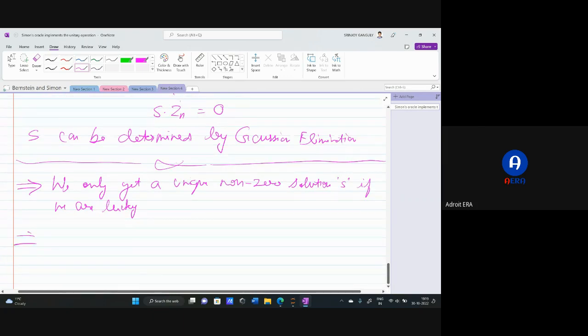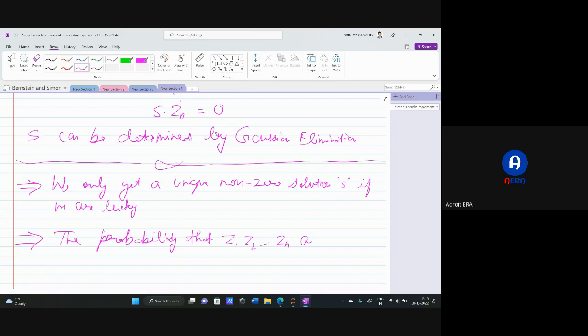Then the second point is the probability that z1, z2, up to zn are linearly independent.